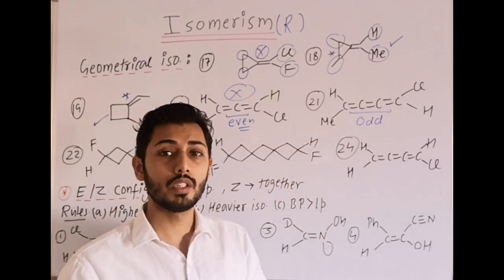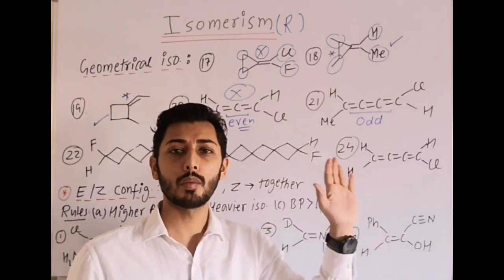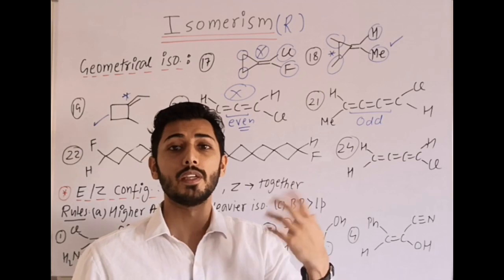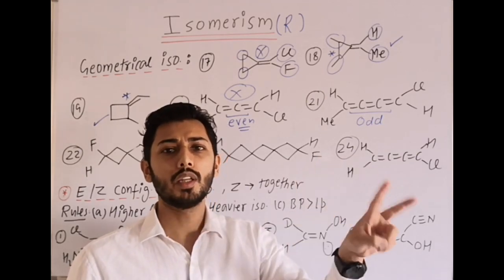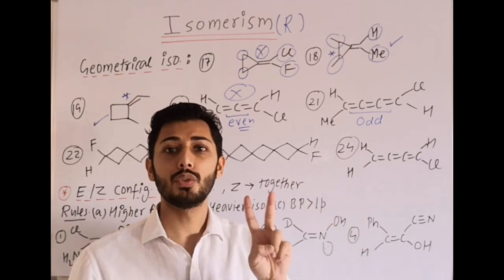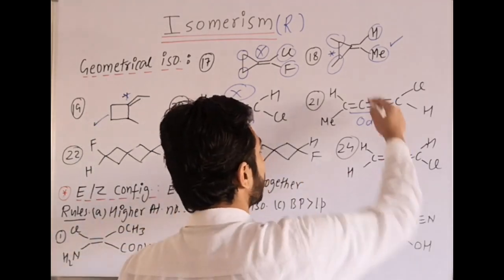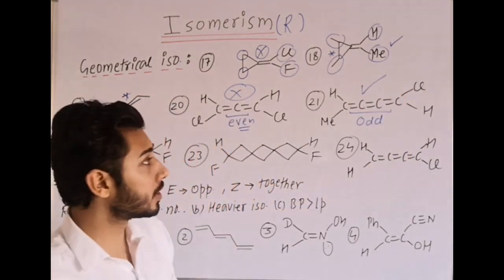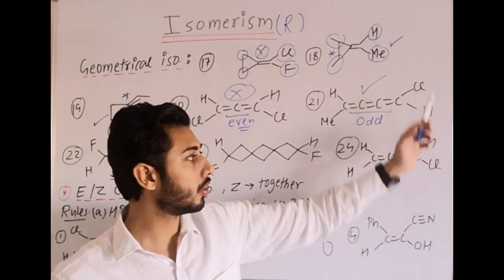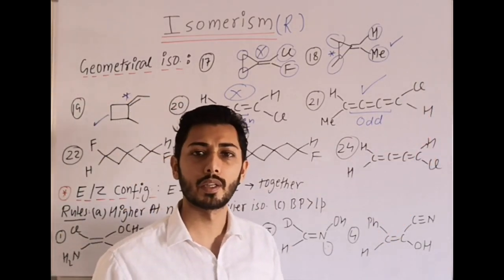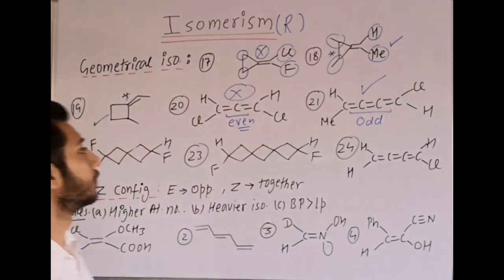Firstly, that is an odd number, so terminal groups are in the same plane. Second, the terminal carbons contain two different groups, then it will show geometrical isomerism. If the same groups are attached, then it will not participate in geometrical isomerism.